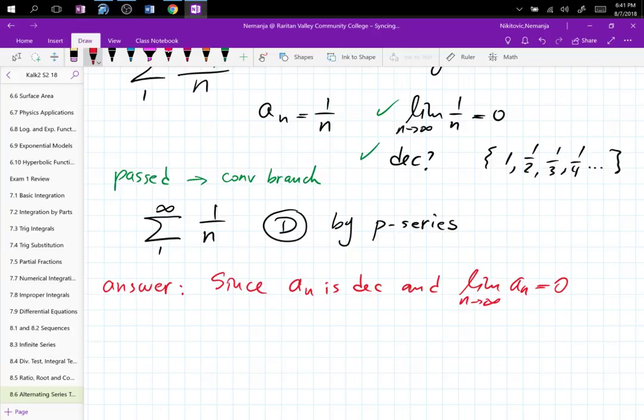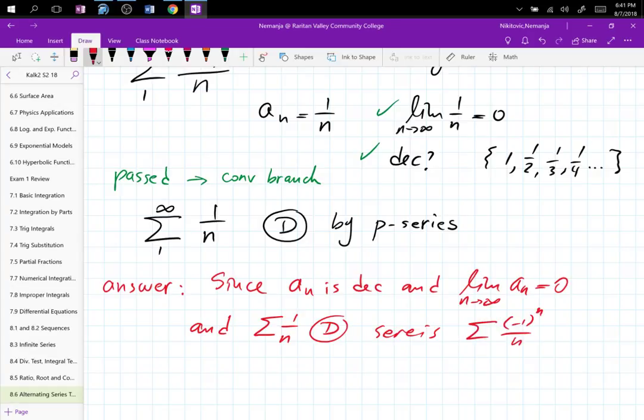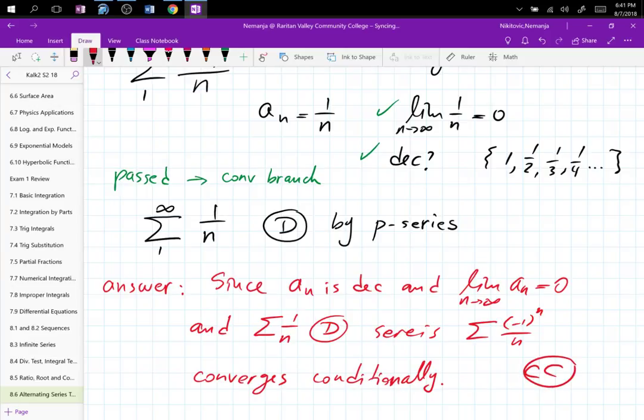Since these two hold, and the summation of 1 over n diverges, the series summation of (-1)^n over n converges conditionally. So that's what we call conditional convergence, CC.